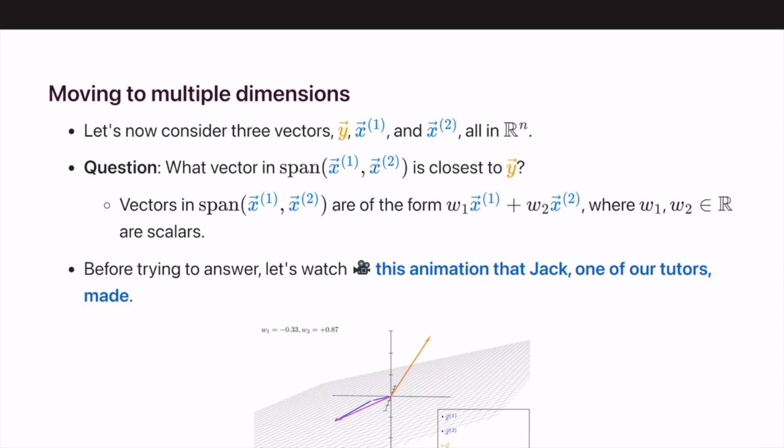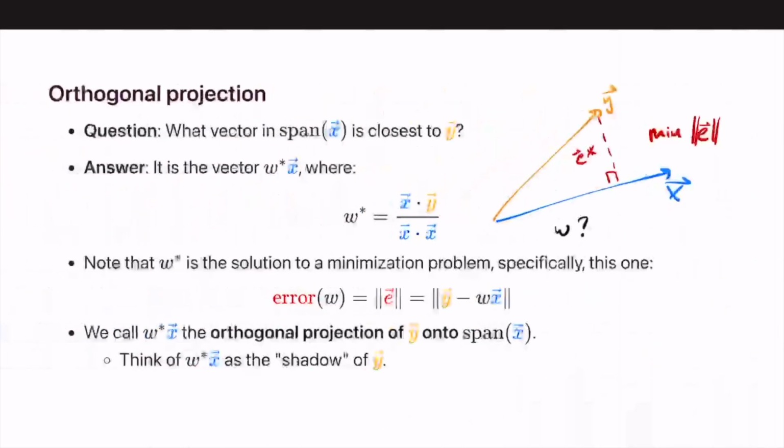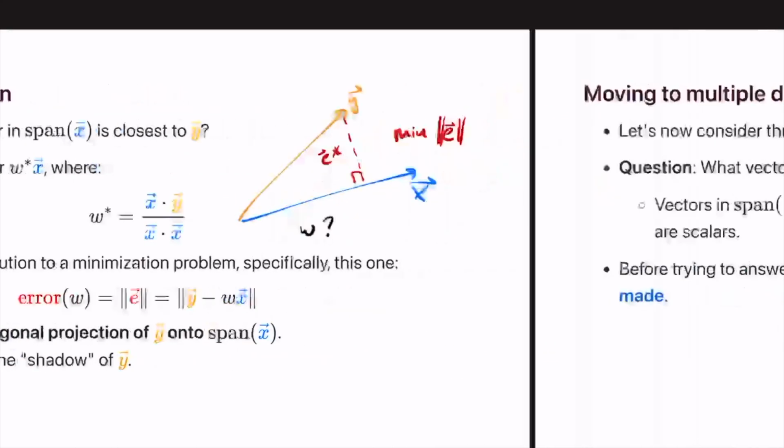So what we'll do in the next few slides is try to find out how we solve for these W's, because if we can do that, then we can minimize. We do the same minimization problem, but instead of along one X, we do it along a span.